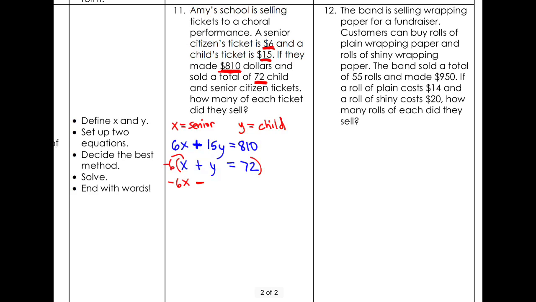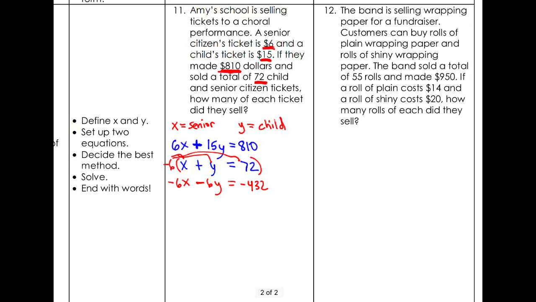And then negative 6 times y is negative 6y. So negative 6x minus 6y. And then negative 6 times 72 is, what is that? 72 times negative 6 is negative 432.